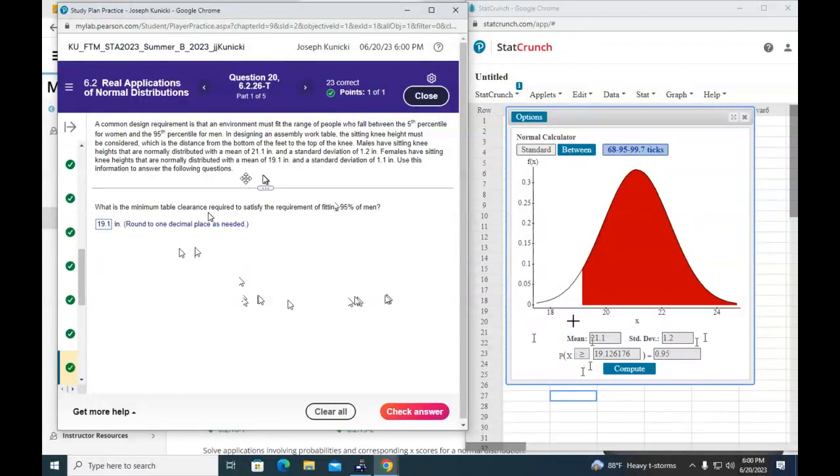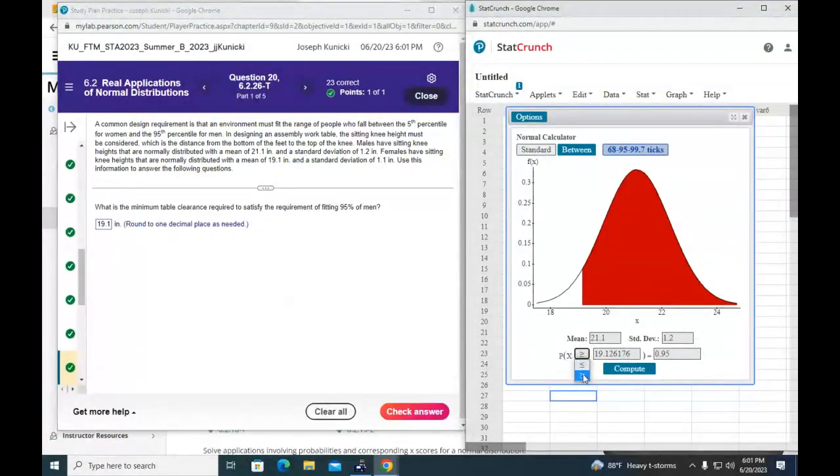Am I thinking about this incorrectly? I think it should be going the other way. This would be the 95th percentile, so it'd be that and lower. Oh, I see what you're saying. Yeah, I got it backwards.